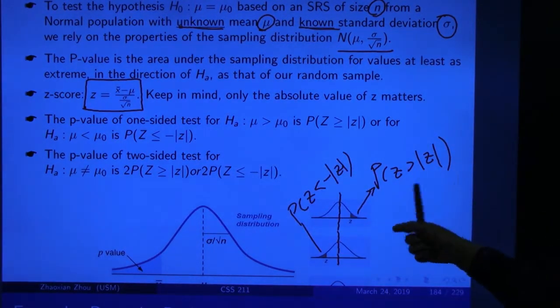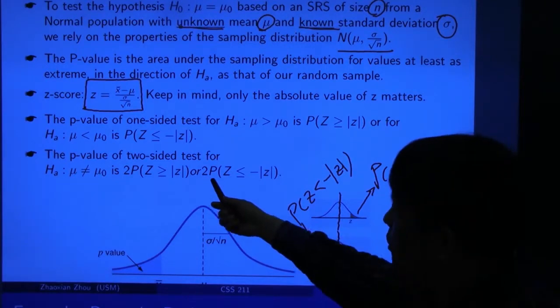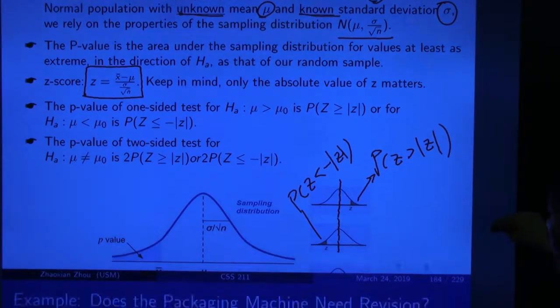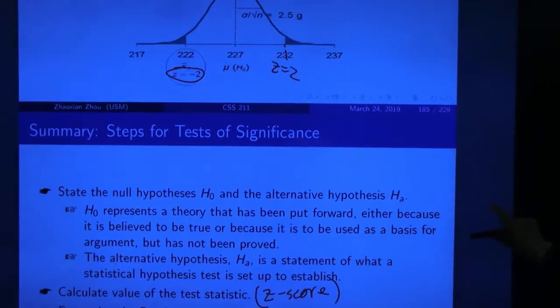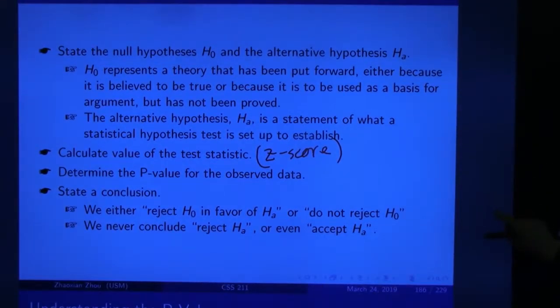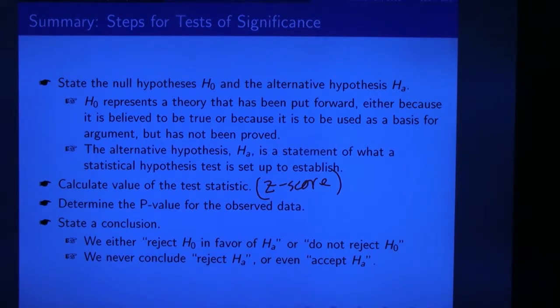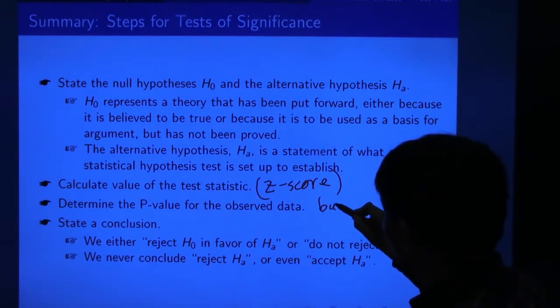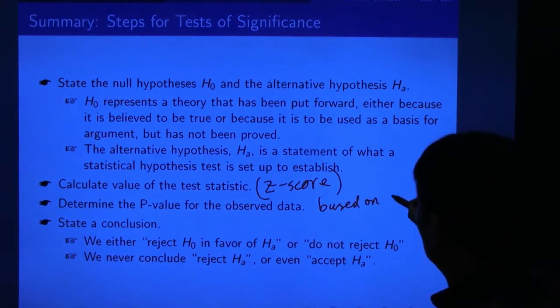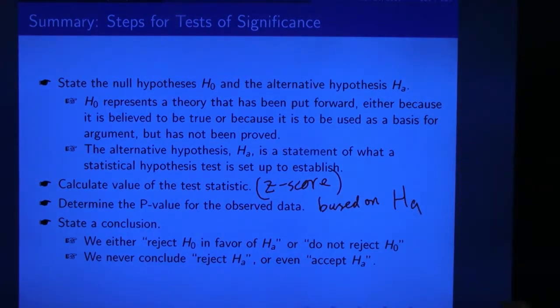If two-sided, then we need to use these two, multiplied by each side. So calculate the p-value for the observed data based on HA, whether it's one-sided or two-sided.